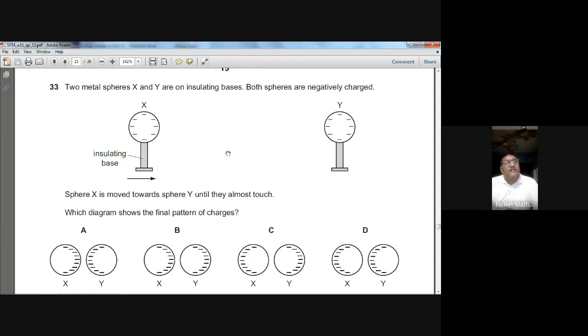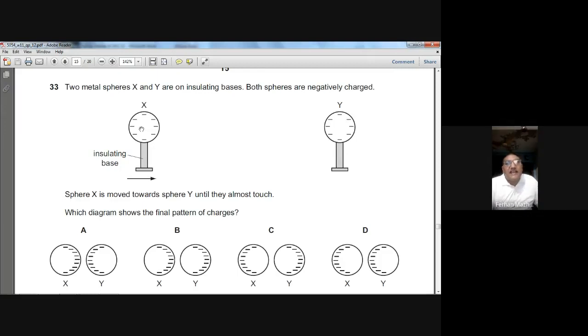So see, this X is a metal sphere on an insulating stand. It has negative charge. The Y is also a metallic sphere on an insulating base, and it also has negative charge. Sphere X is moved towards sphere Y until they almost touch. They did not touch, but they almost touch. Which diagram shows the final pattern of charging?